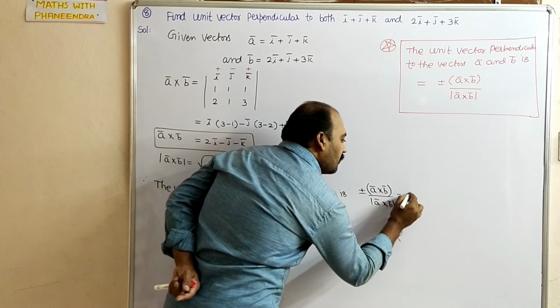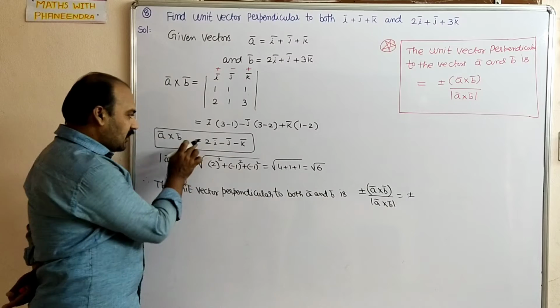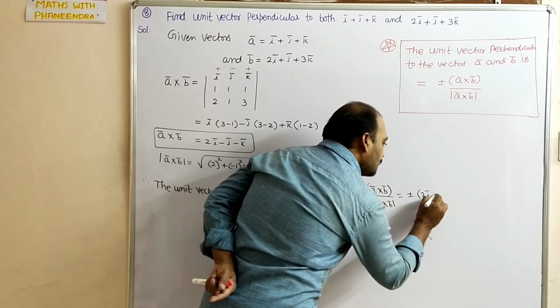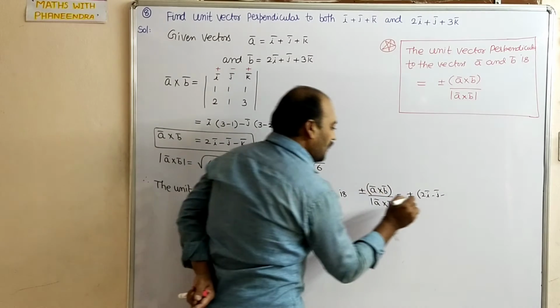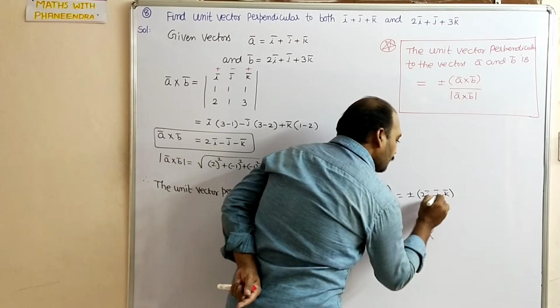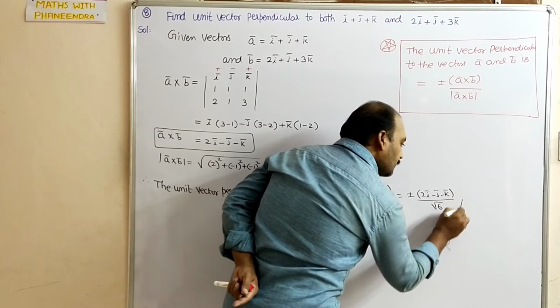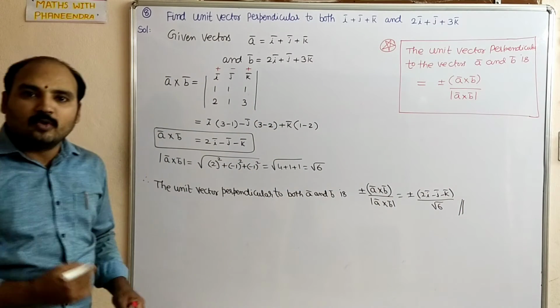So now plus or minus A bar cross B bar, this vector you have to write it 2i minus j minus k divided by root 6. We'll go to the next question.